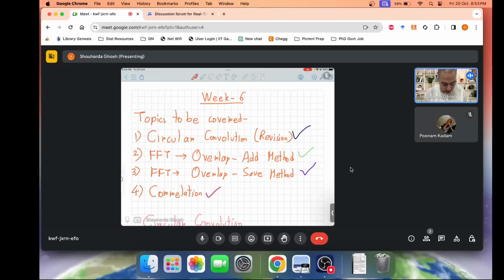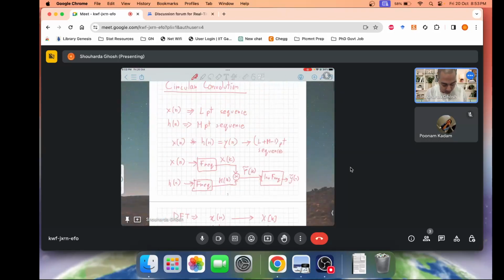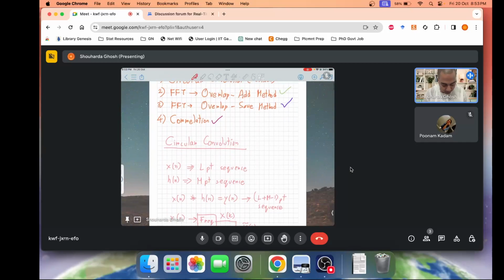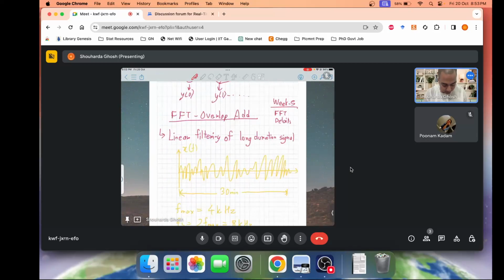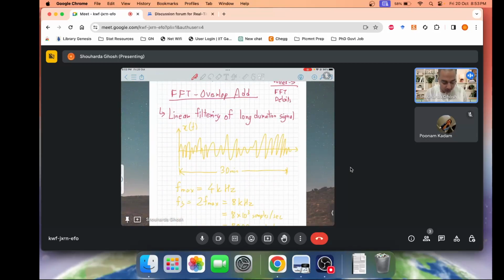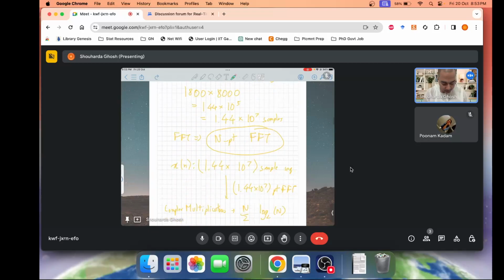Okay, week 6 we had revised circular convolution, and then overlap add and overlap save. Overlap add and overlap save were done because we have long duration signals, so you cannot apply the FFT on them directly. What you need to do is break them into chunks and then apply the FFT on them.